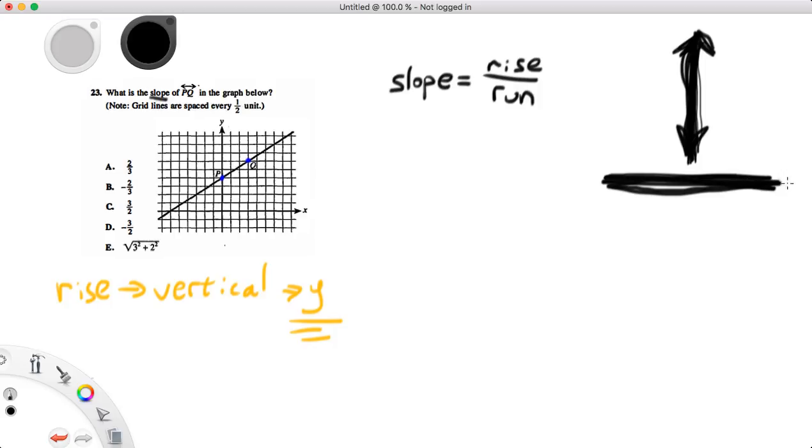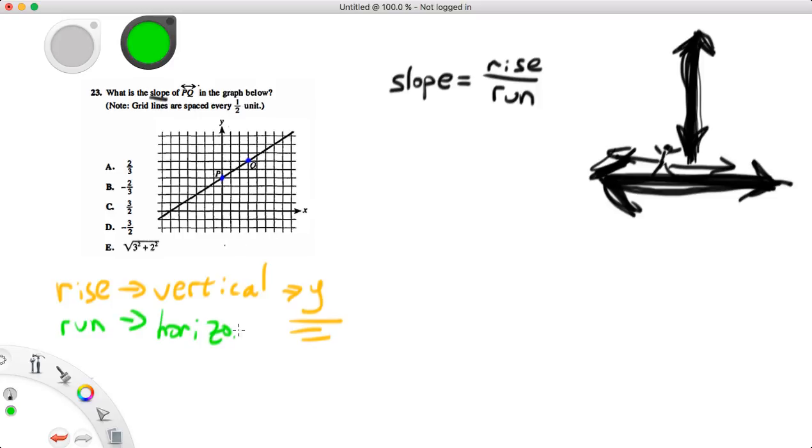Now run. Usually you don't run up and down, right? Usually you don't run straight up and straight down. As a matter of fact, here we have a little advantage as far as this goes here in New Orleans, because we don't have any hills here. So when we run, we run horizontally. We've got this flat ground here in New Orleans, and we're running on this flat ground if we even run at all, which I hope you do, because it's good for you, okay?